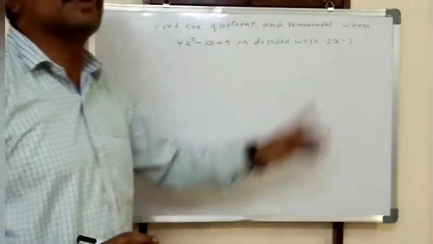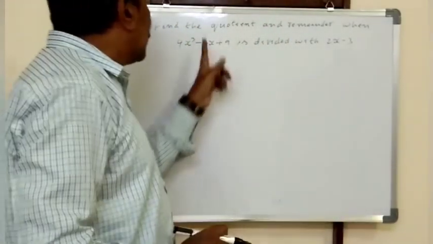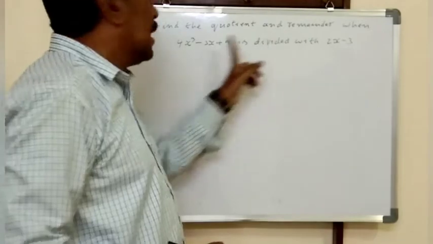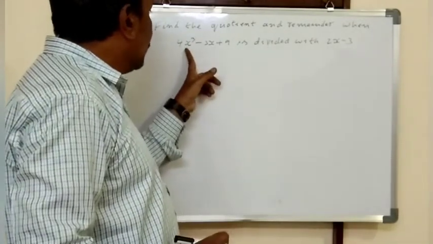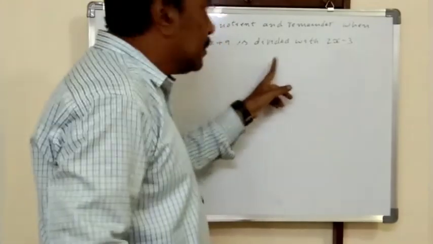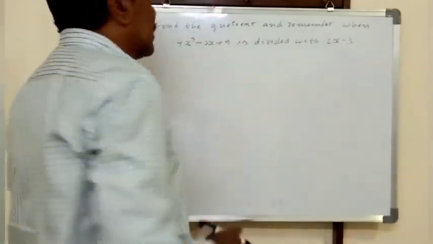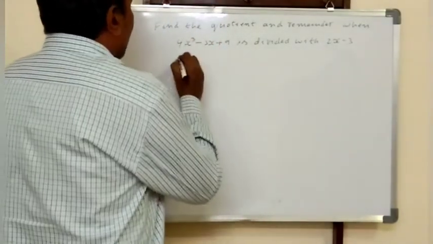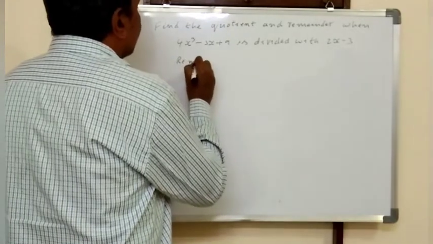So the divisor is 2x minus 3. What is the quotient and remainder?